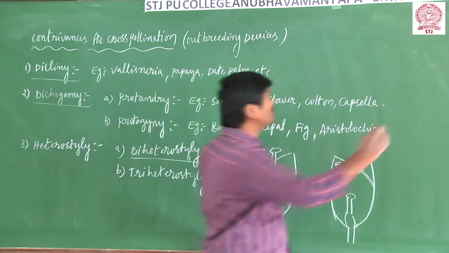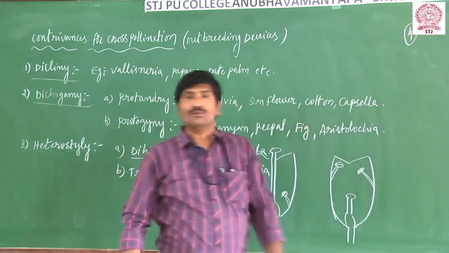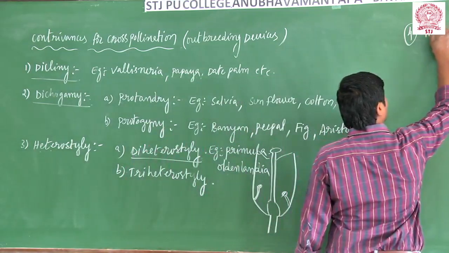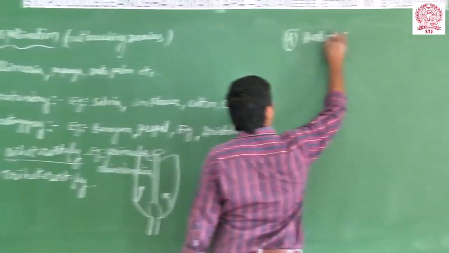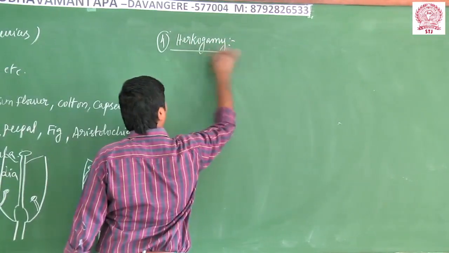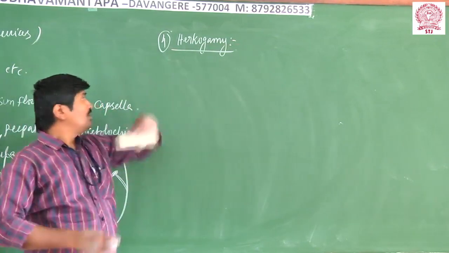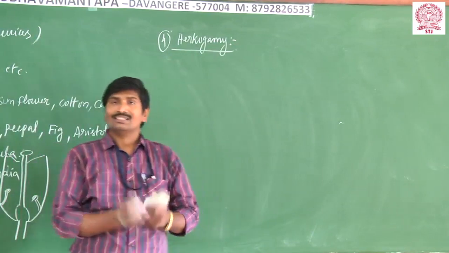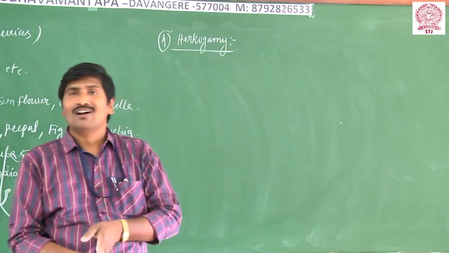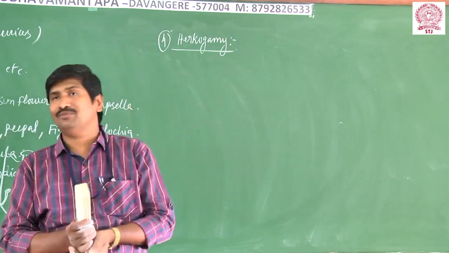And the fourth one, herkogamy. Herkogamy means here the male and female sex organs are arranged at different levels in bisexual flowers.